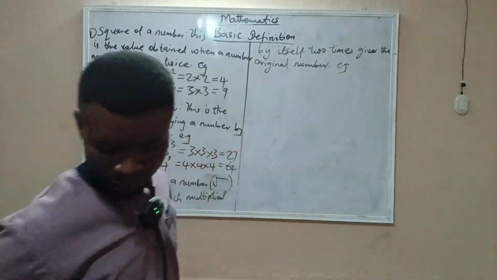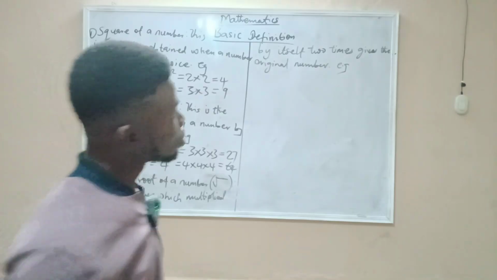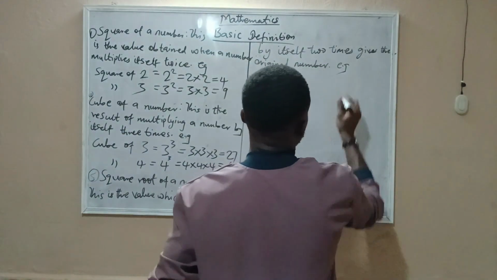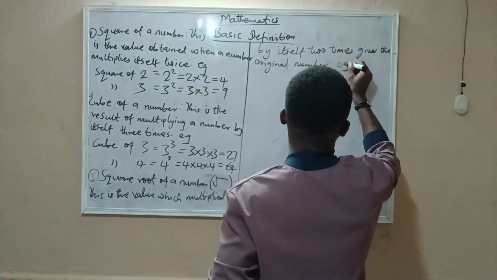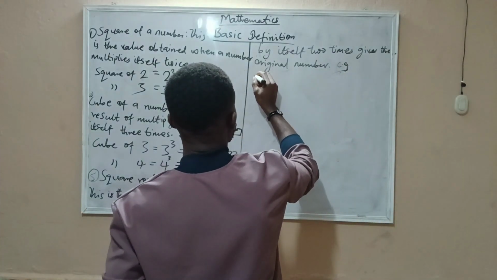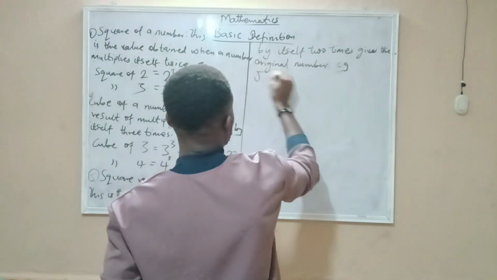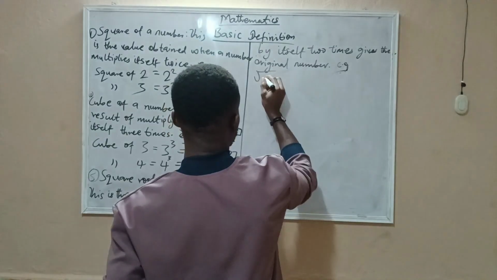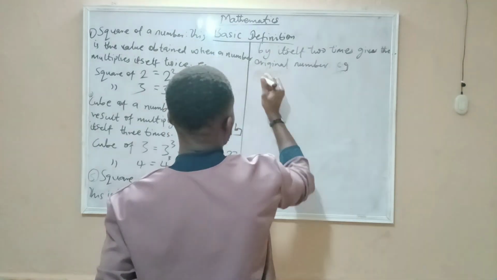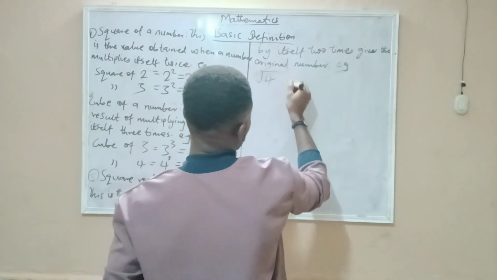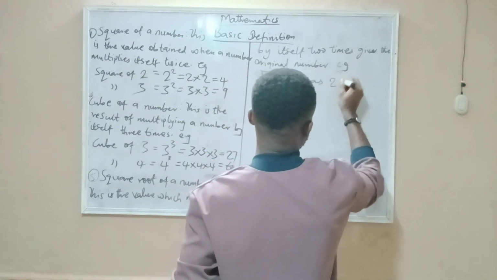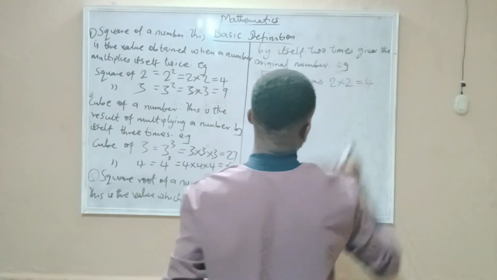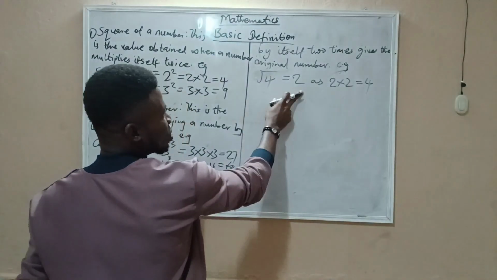Example, when we say square root of 4, that is equal to 2, as 2 times 2 gives us 4. Square root of 4 is 2.